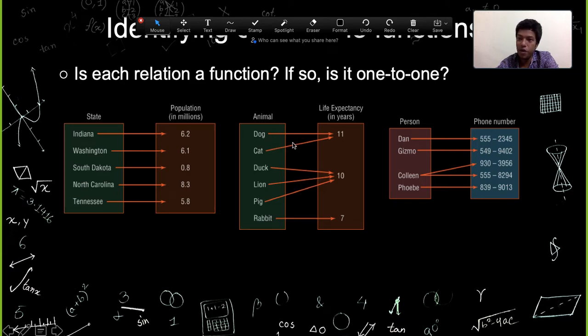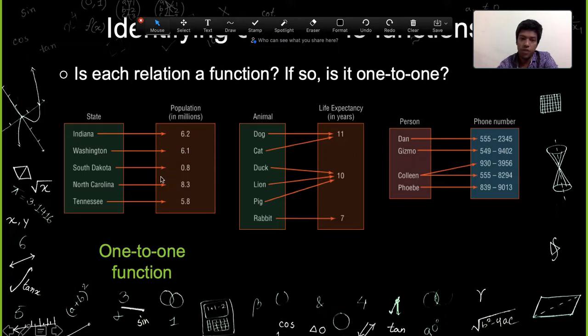If it goes on two different paths, then it is not a function actually. Like this example, this is not a function.